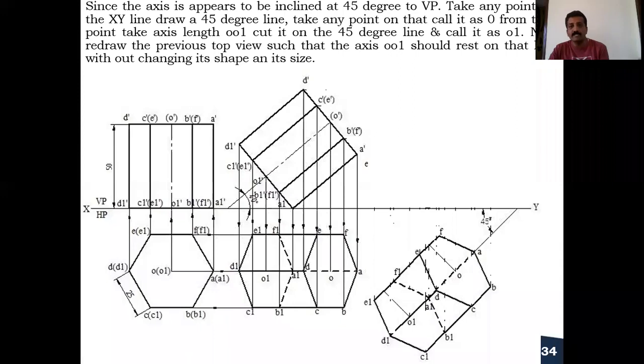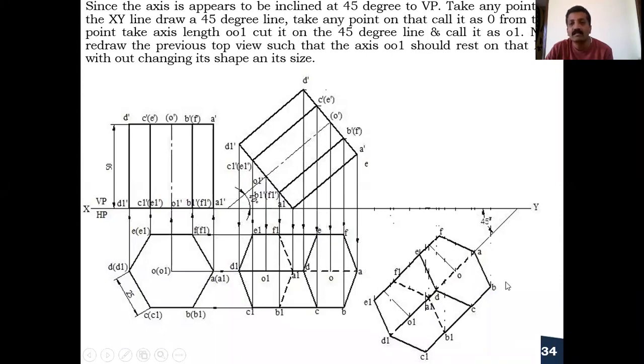How to get the other points? For example, take this distance from A and draw a perpendicular line. This perpendicular line, either this or this, is the length radius.